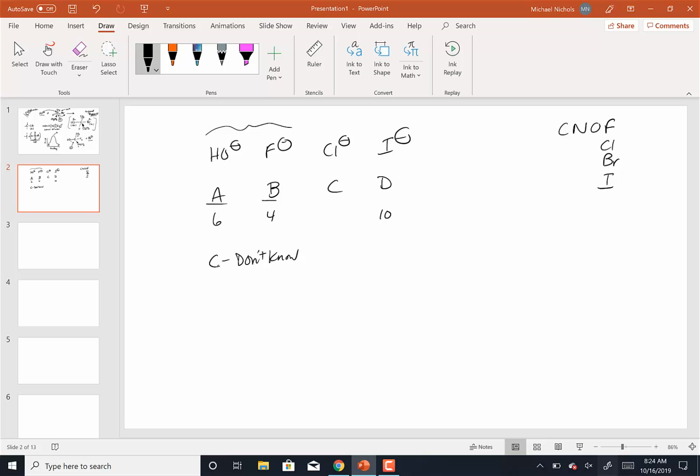determining strength of nucleophile. So what's a strong nucleophile versus a weak nucleophile, and how do we differentiate between the strong nucleophiles? Okay, rule number 1 is that strong nucleophiles have a negative charge.